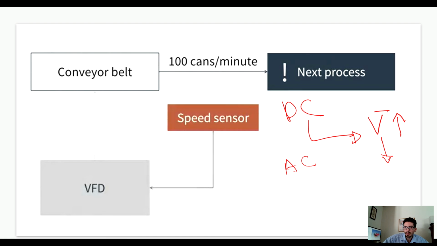So a DC motor is probably not going to help you versus an AC motor will probably be able to give you that amount of power. So again, to be able to control the AC motor, you will use a frequency drive, a variable frequency drive, or they're also called a drive. And this particular application is a combination of sensors and the drive with a motor. You can tailor the speed of your process in a manufacturing plant or in a food processing plant.